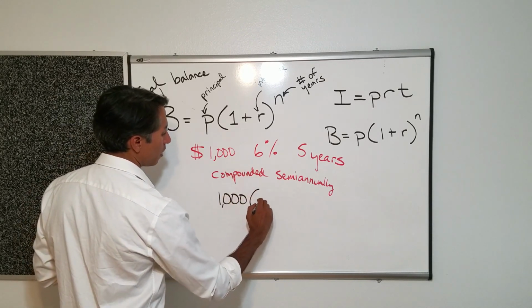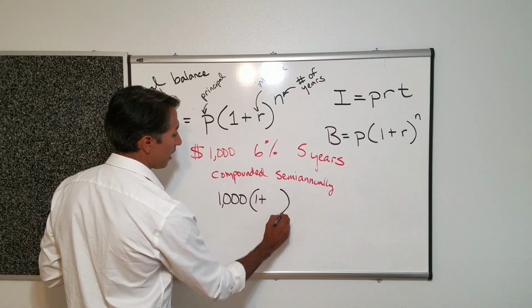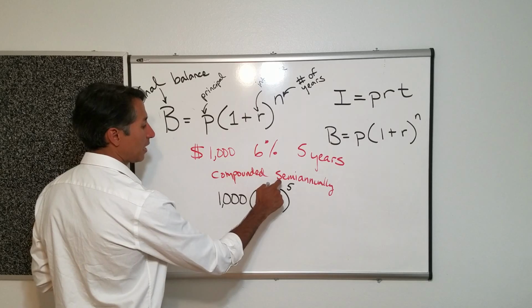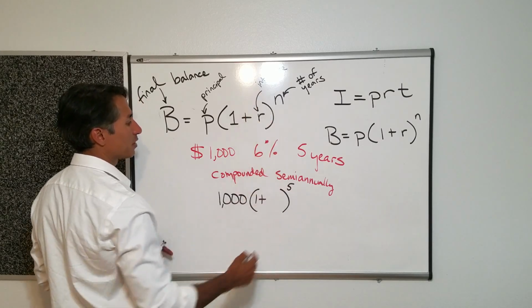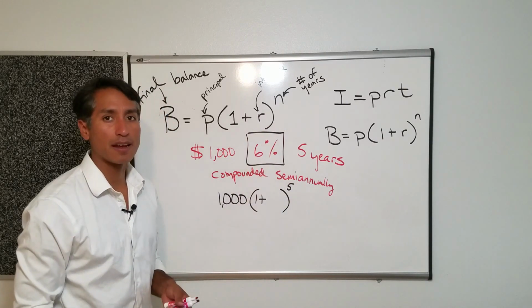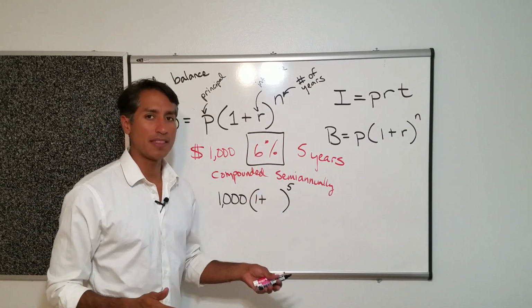We have our 1 plus R. I'm going to hold off on that for a second, and then it's 5 years. That doesn't change, but the semi-annually is going to affect your interest rate, okay? The interest rate on this guy was 6%. Semi-annually means you're going to do it twice within the year.